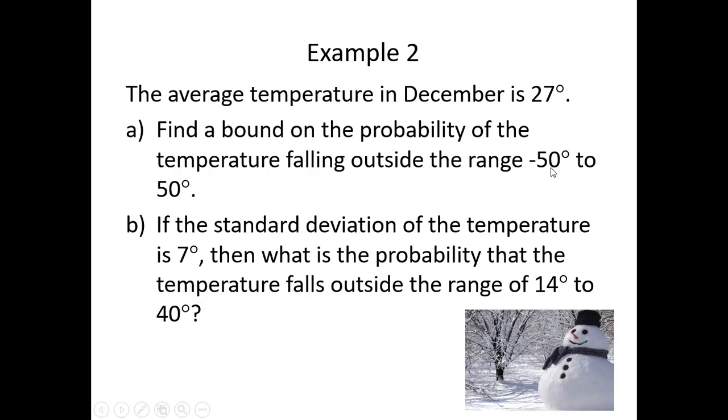So either below minus 50 or above 50. And in part B, if the standard deviation of the temperature is 7 degrees, then what's the probability that the temperature falls outside the range of 14 to 40 degrees? You can see in A, we do not need any sort of standard deviation, but in B, we will take advantage of a standard deviation.